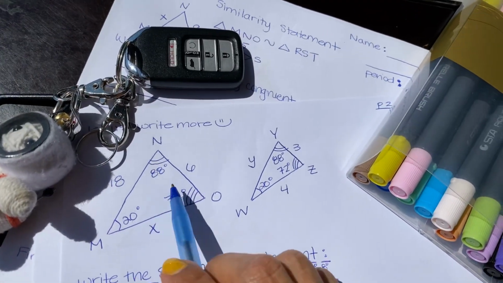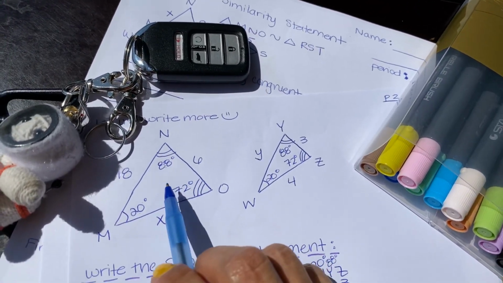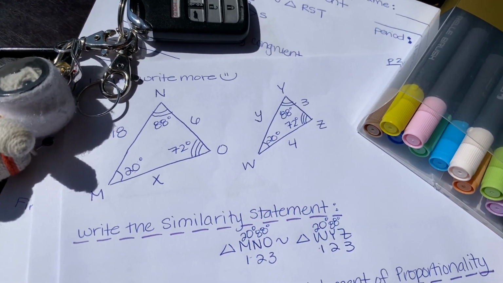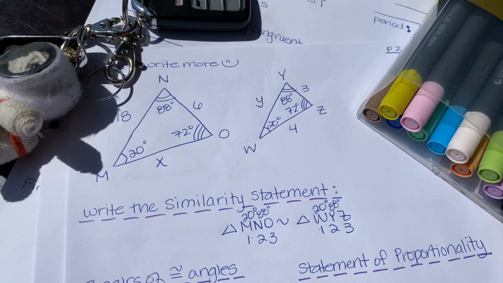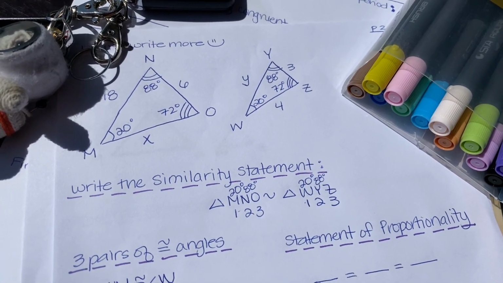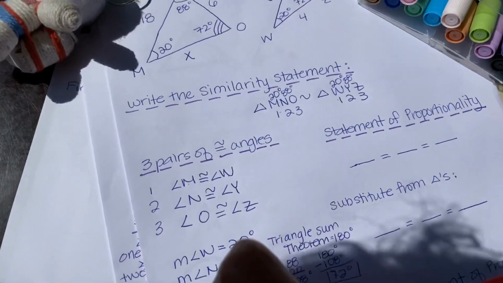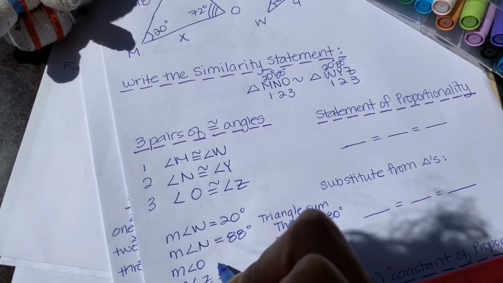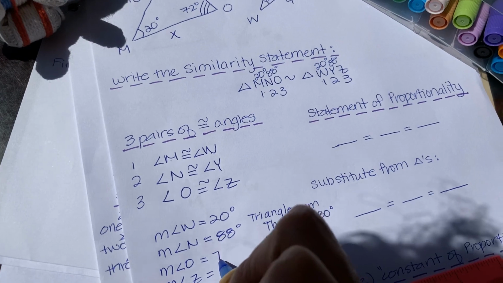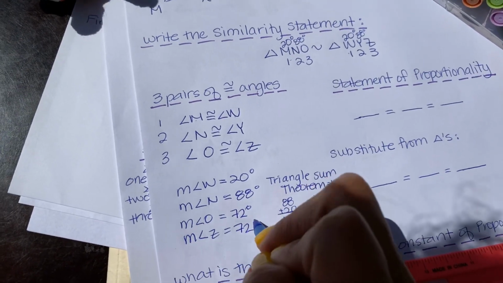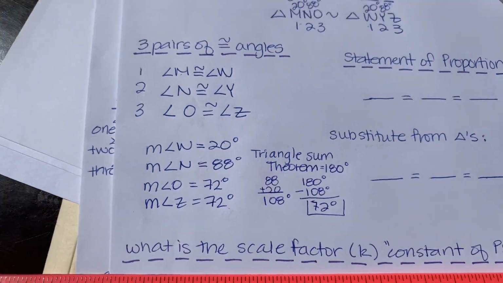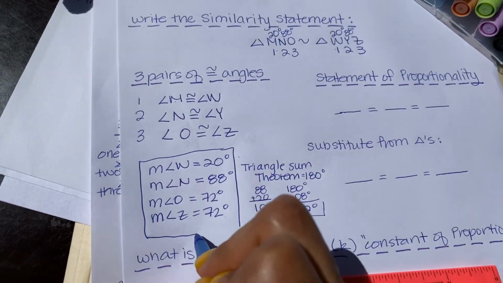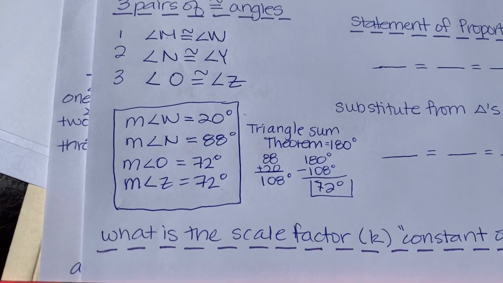These three angle measures, the interior of the angles, should add up to 180. Yes? Okay, so that means measure angle O and measure angle Z are both, what did I say, 72 degrees? 72 degrees. So we're very capable of finding our angle measures.